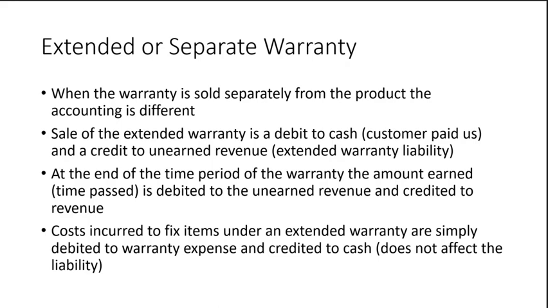Now, different kind of warranty. Some of you have had somebody at a store or someplace online offer you an extended or a separate warranty, one that you had to pay additional for. When that's the case, we deal with the journal entries and the accounting differently, because we're going to have extra cash come in, right?